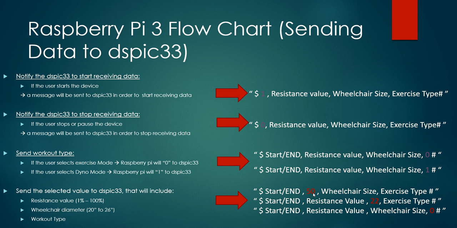This will change from 1% up to 100%. And then we have the wheelchair diameter. This will range from 20 up to 26, and this character over here will be changed based on what the user selects. And then we have the workout type over here, as I mentioned earlier.